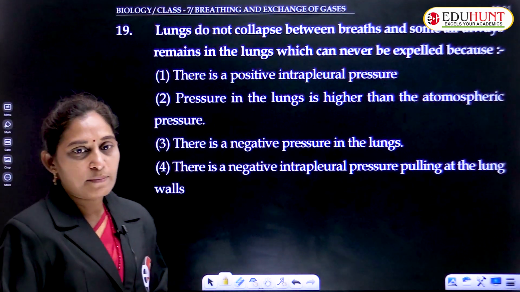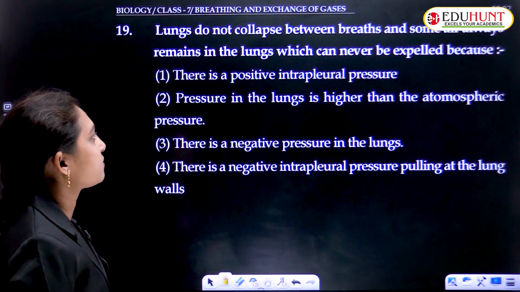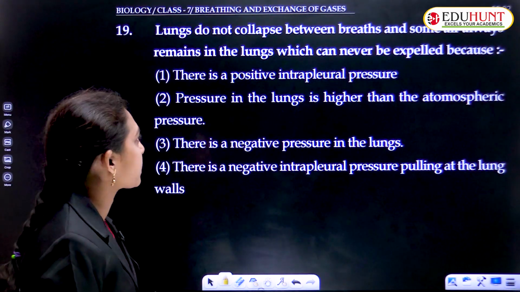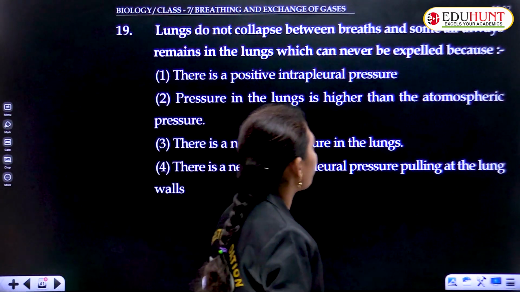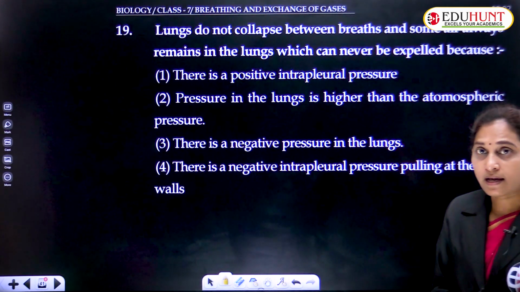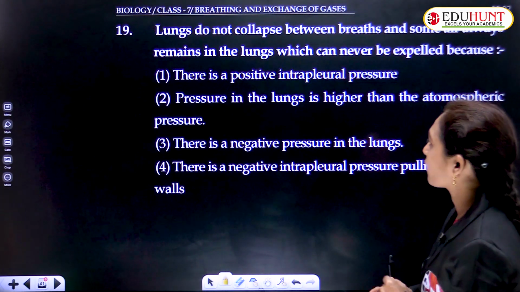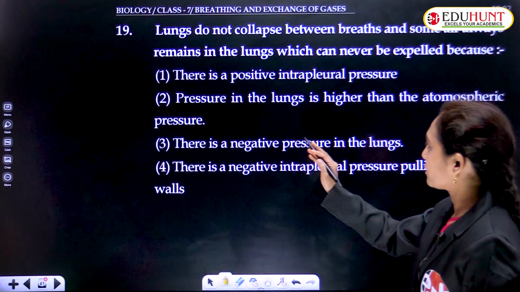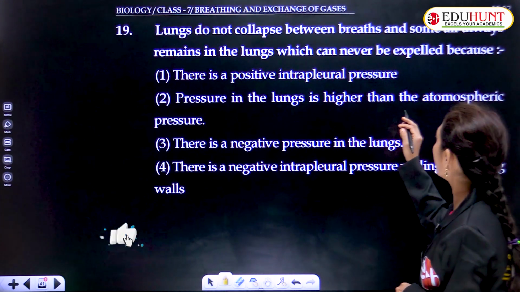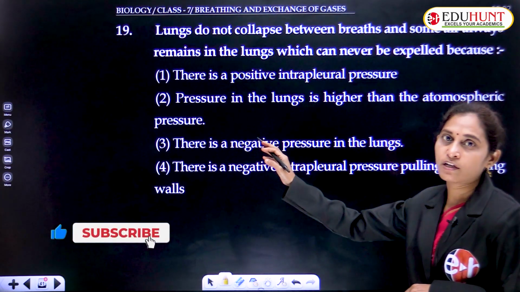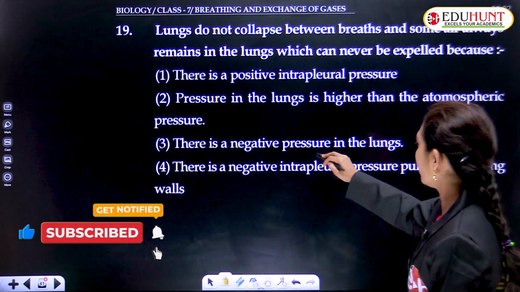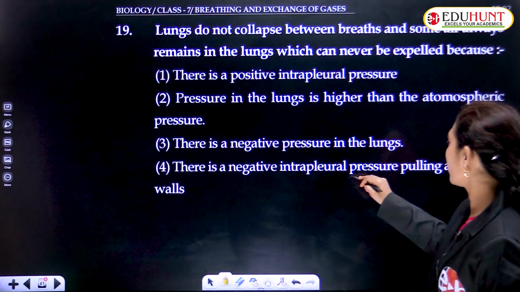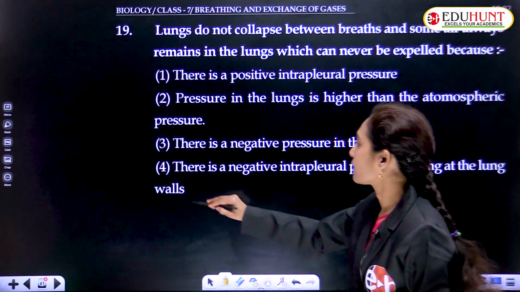Lungs do not collapse between breaths and some air remains in the lungs which can never be expelled because lungs never collapse, because there is a positive intrapleural pressure. Pressure in the lungs is higher than that of the atmosphere. There is a negative pressure in the lungs. There is a negative intrapleural pressure pulling at the lung walls.